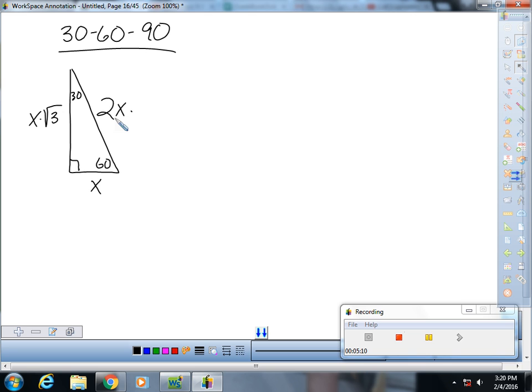Well, it's giving you directions, but there's an asterisk on this one. Always find the short leg first. That's going to be a trick that we need to remember. Always find the short leg first.